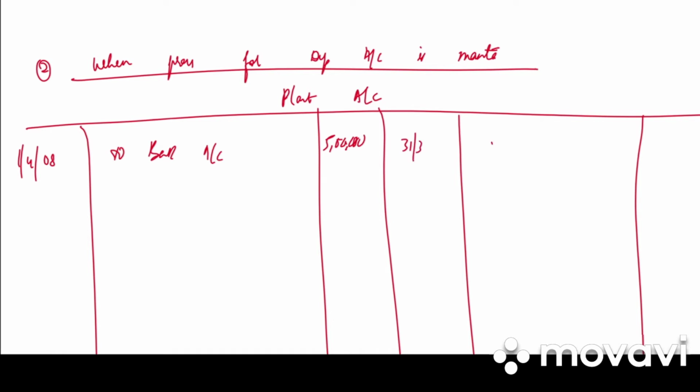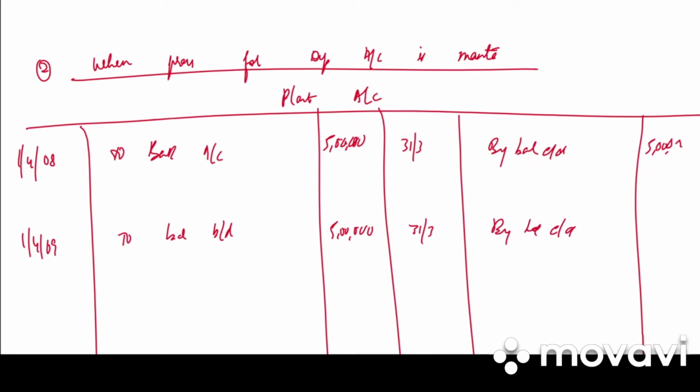Directly on 31st March by balance carried down 5 lakh. Then on 1st April 2009 to balance brought down 5 lakh. On 31st March by balance carried down 5 lakh. You need to write the total every year. 5 lakh, 5 lakh, 5 lakh and 5 lakh.